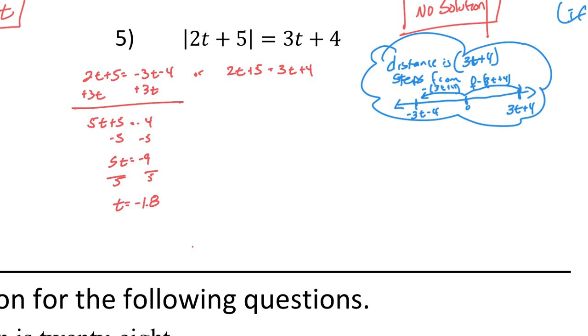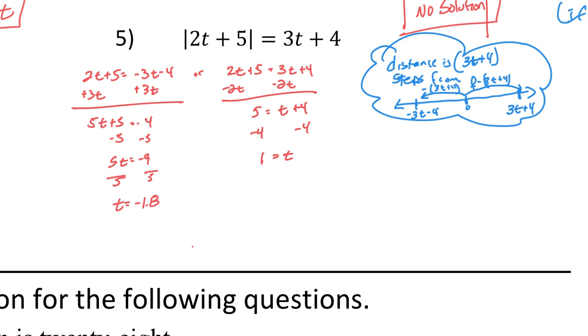If I solve this side here, I'm going to subtract 2t from each side, and that gives me 5 equal to t plus 4. I'm just going to subtract 4 off of each side, and I get 1 equal to t. Now right now at this point I have 2 possible answers.